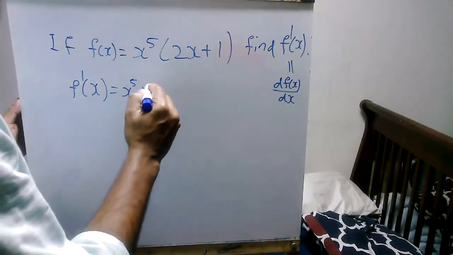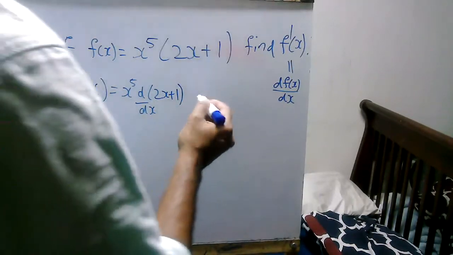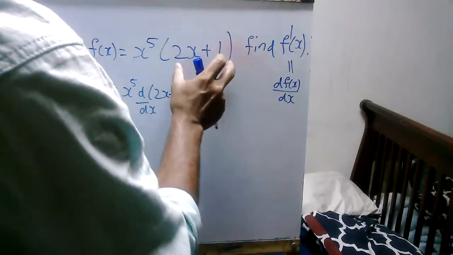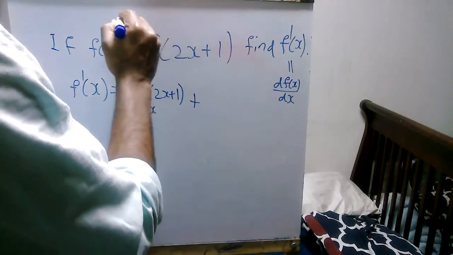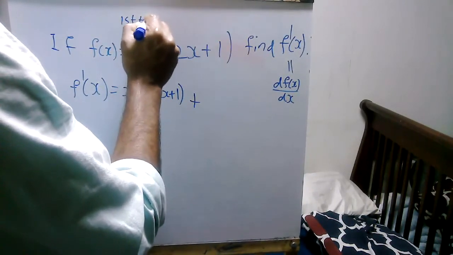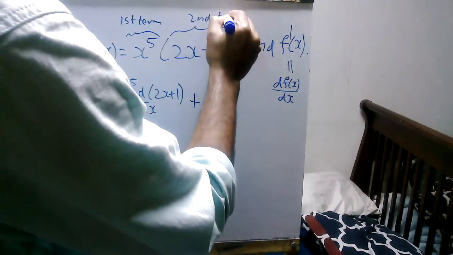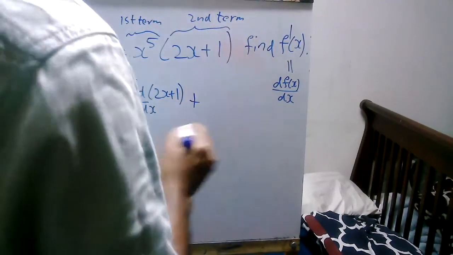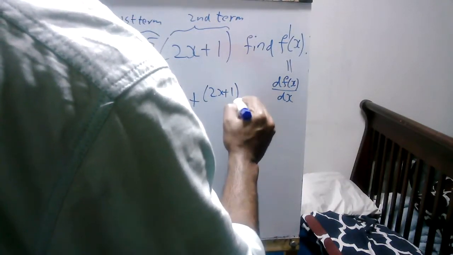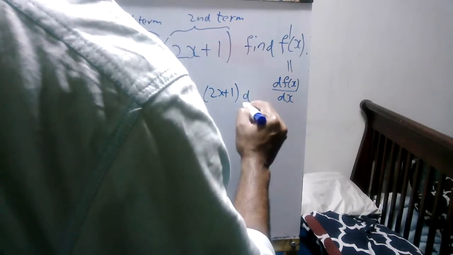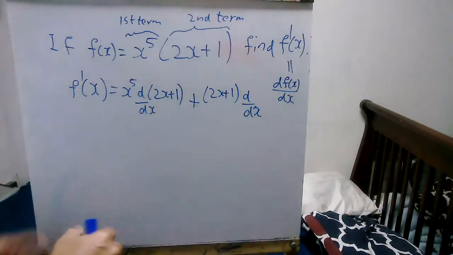The derivative of the second term, 2x plus 1 is the second term, plus the second term times the derivative of the first term. This is the first term and this is the second term. 2x plus 1 times d dx. Let me erase this part.